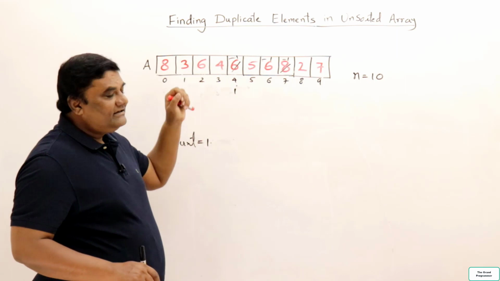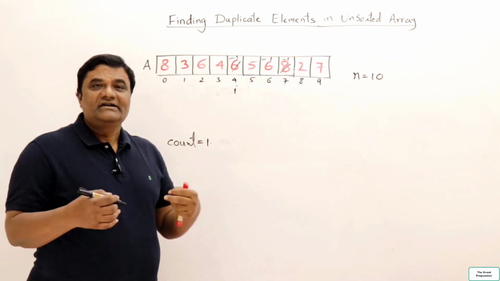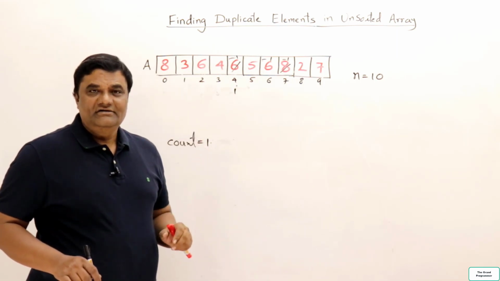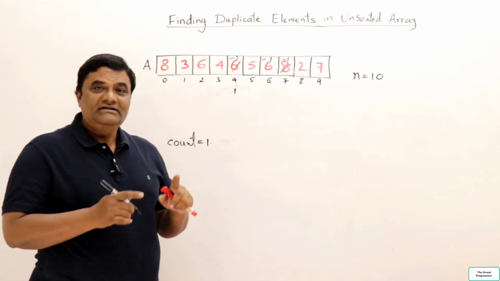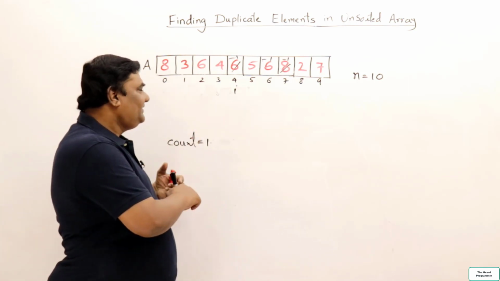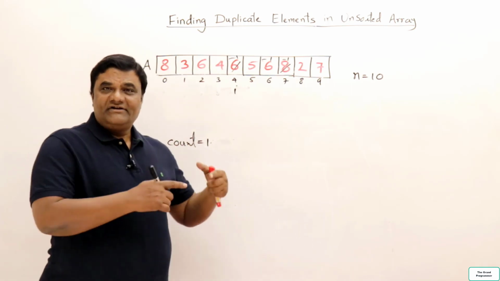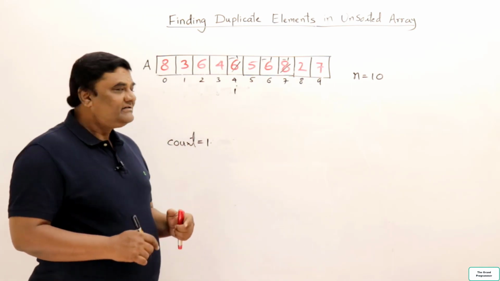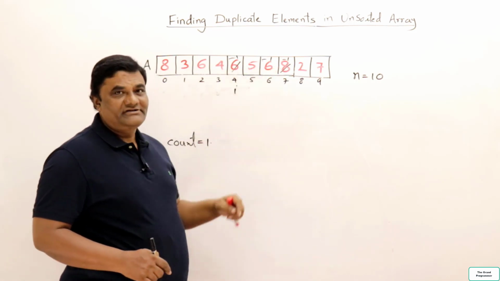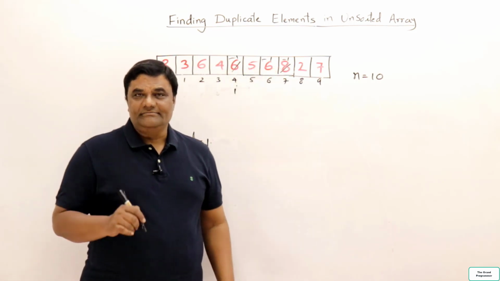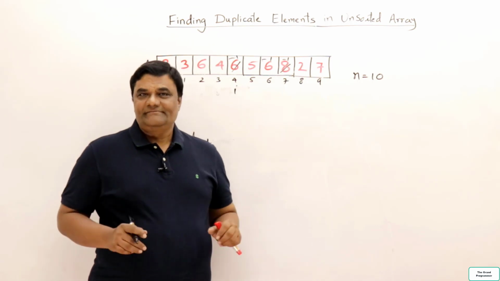I should not take that element because it is already counted. Leave it. So it's a duplicate element. So I have marked the duplicate elements. Otherwise, I will be getting extra results, that for 6 it appears 3 times, and again from here 6 appears 2 times. So that is the reason I am marking them. So this is the procedure.